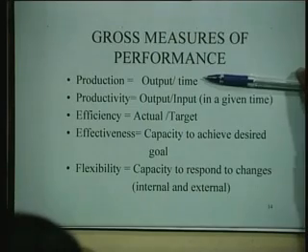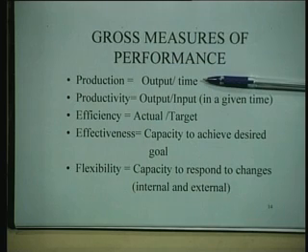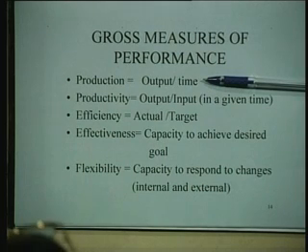So now we have seen the basic model of a production system and seen the various entities involved within the production system. Let us now try to define some gross measures of performance of a production system. Commonly used measures are production. You say for instance that my plant can produce 300 cars per month, okay. So that is your output.